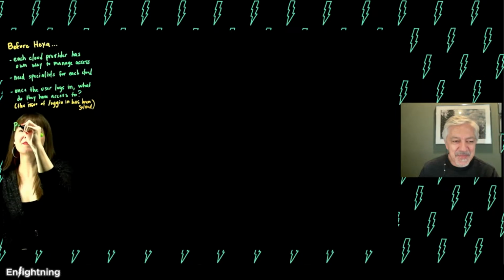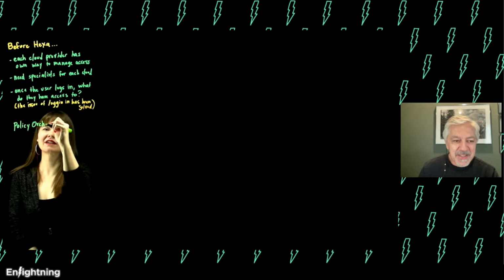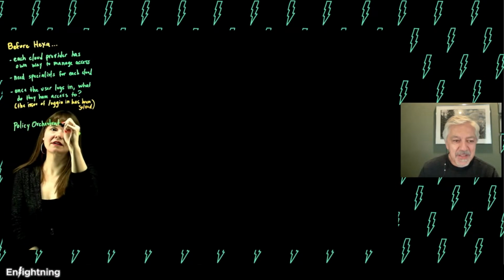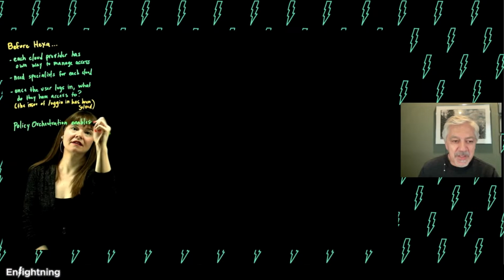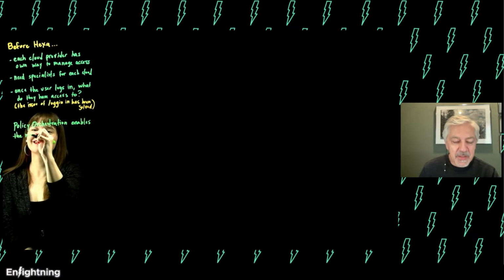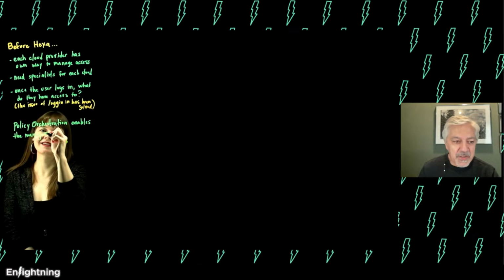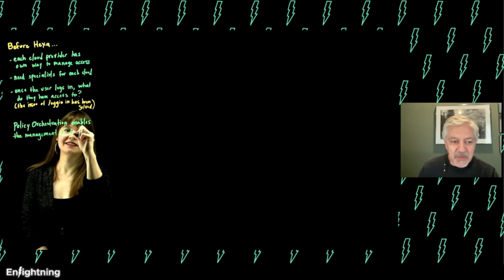Okay. Will you repeat that, please? Sure. Policy orchestration enables the management of different policy formats from many providers like cloud systems, data systems, networks, in a vendor neutral way.